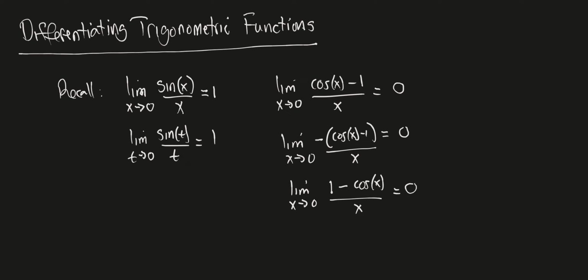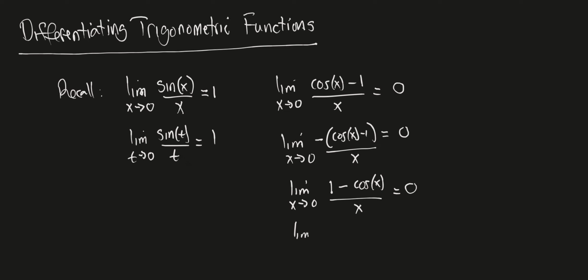So it turns out, because this is equal to 0, that it doesn't matter if you have cosine x minus 1 or 1 minus cosine x, as long as it is divided by x and your limit is as x approaches 0, then this result holds. And similarly here, the use of the letter x is not significant at all, right?